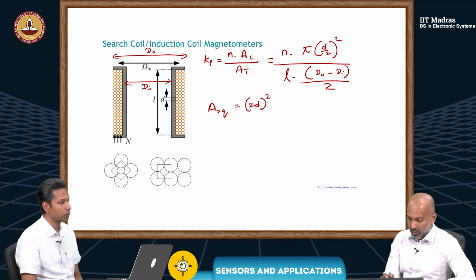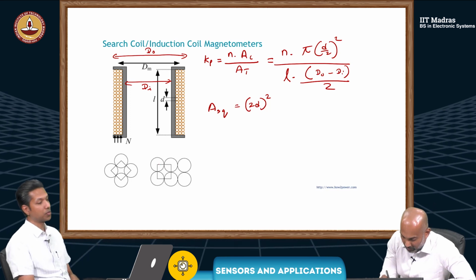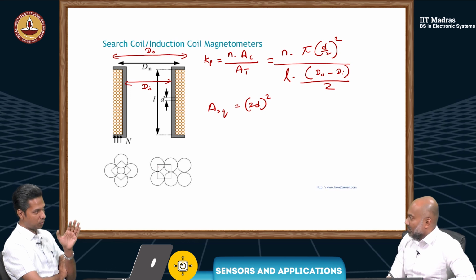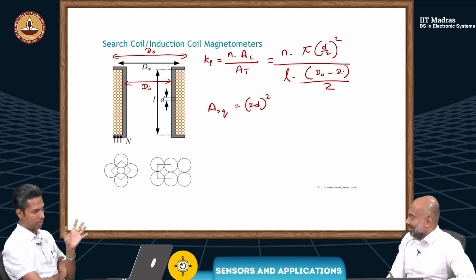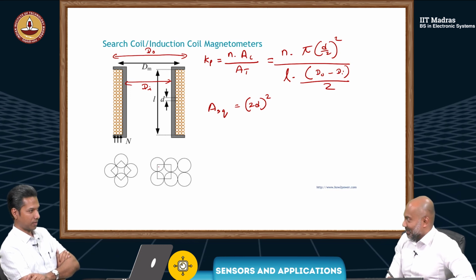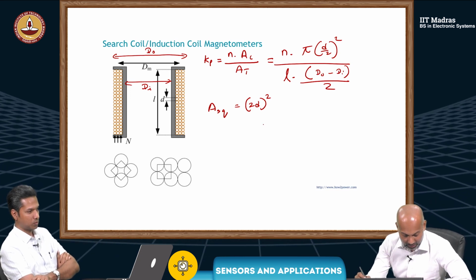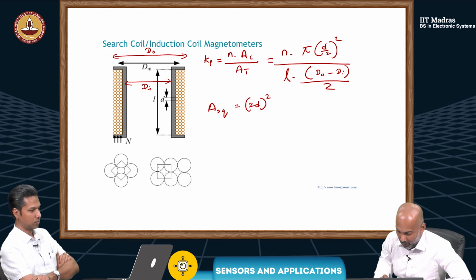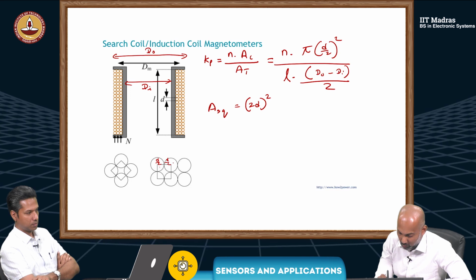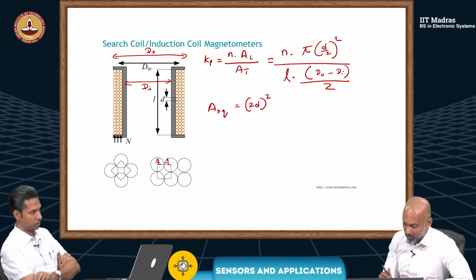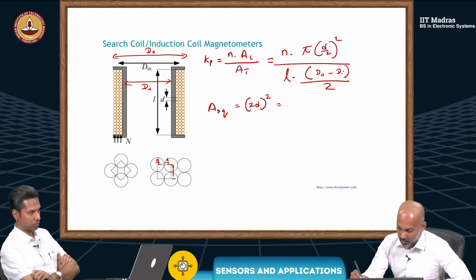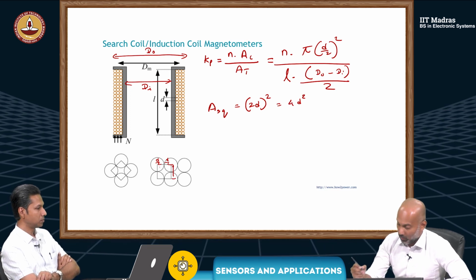So instead of a circular shape, you have a conductor with a square cross-section area, and then the packing density will be more. Here, if you consider 2d squared, because this is d over 2, d over 2, and the same situation here, then you have 4d squared.